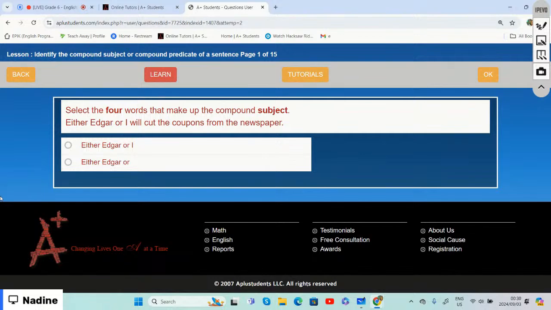All right. And we need to select the four words that make up a compound subject. Four words.